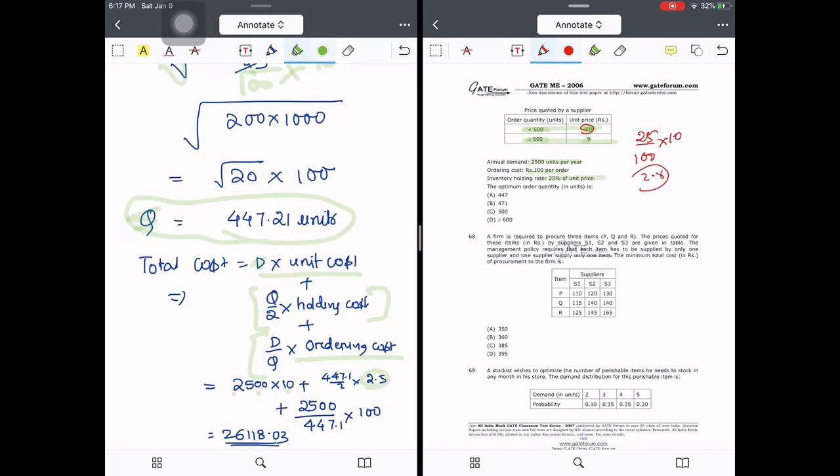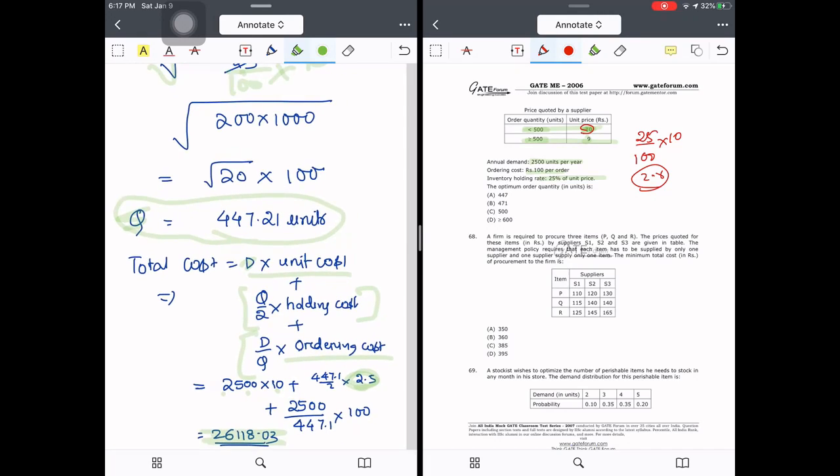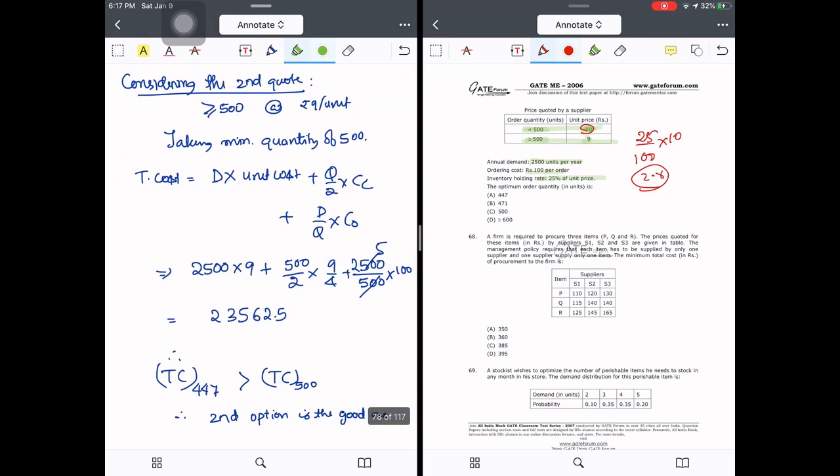How do we get 2.5? 25% means 25 by 100 into this 10, because 10 is the unit price. So 2.5 is the holding cost, plus D by Q, that is 2500 divided by 447.1 into 100. So I am getting the total cost of 26,118.03.